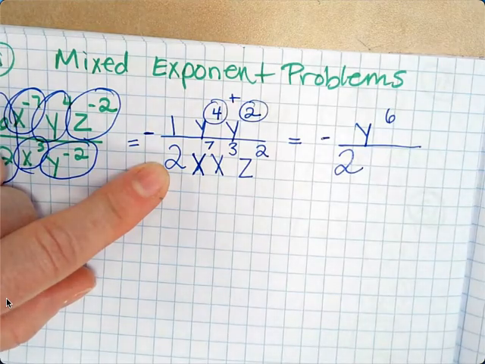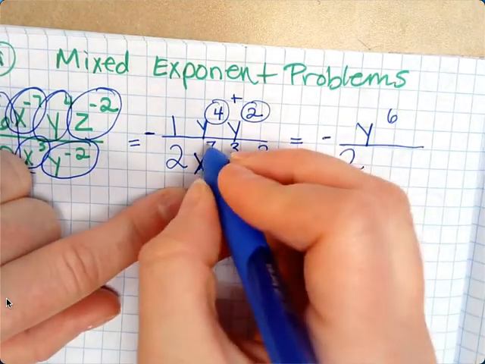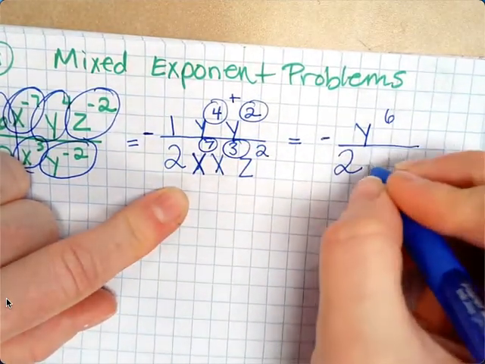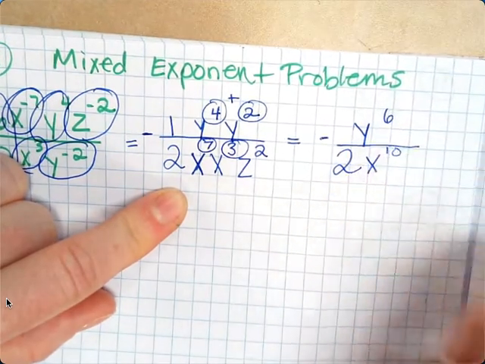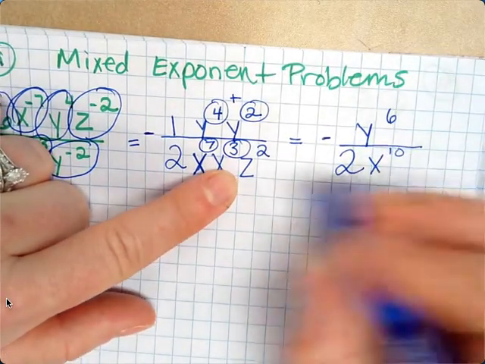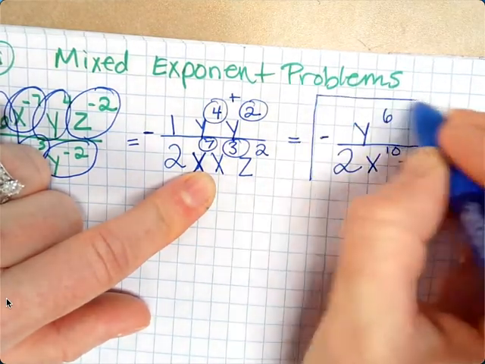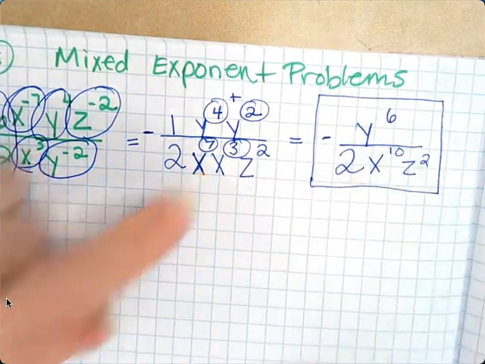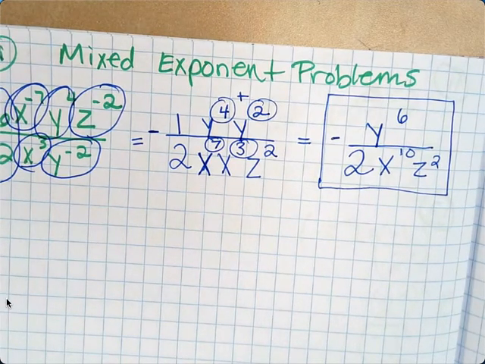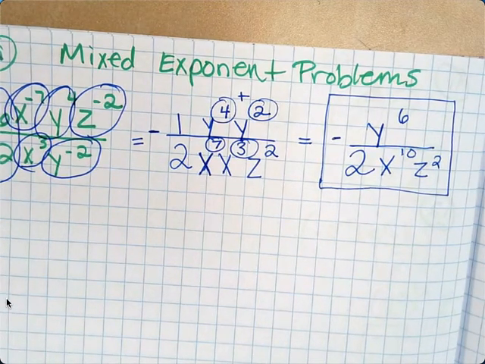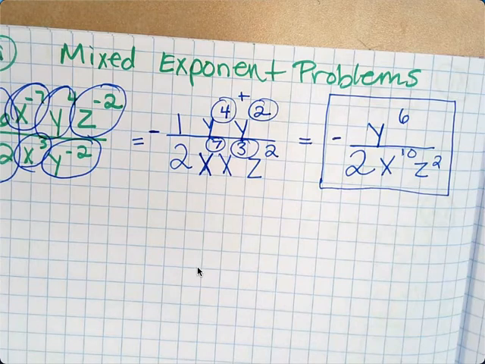It needs to stay there. And then the x's, we have a 7 and a 3, 10. And then there's no other like term with z, so it's just z squared. That's it. That one wasn't too bad. I hope you think so.